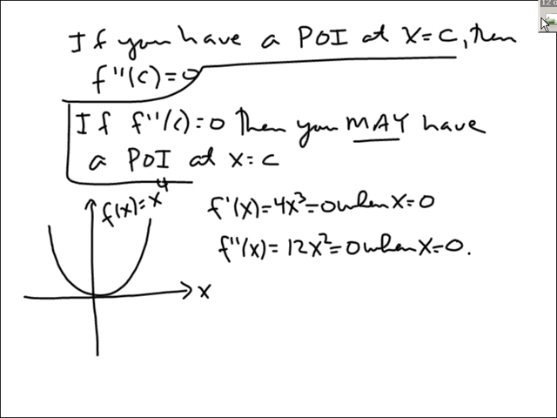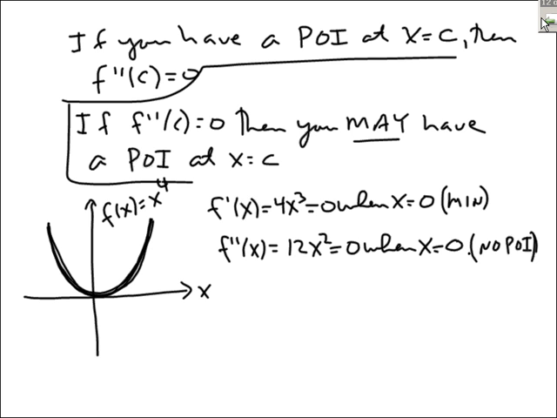Now, this graph does not change concavity. It's always concave up. There is no point of inflection. It didn't happen. But when the first derivative is 0, you have a possible critical point, and in our case, you have a min. Now, exactly what's going on?